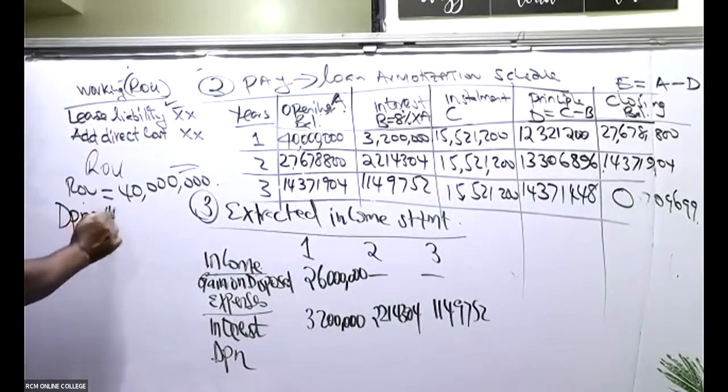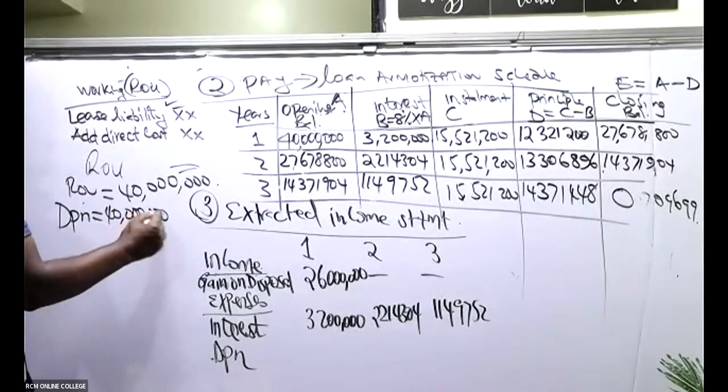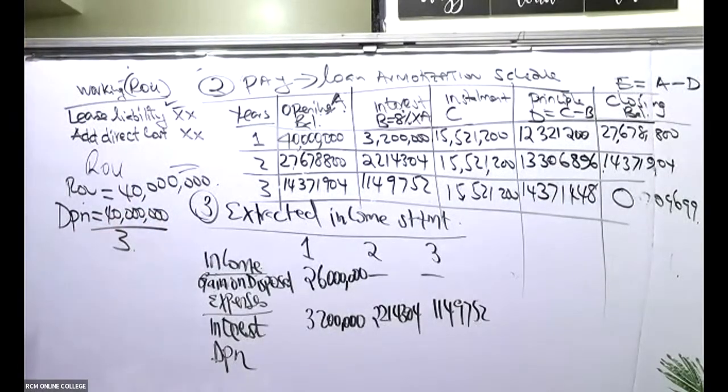So depreciation here will be 40 million divided by 3 years. Is there somebody who can give me this depreciation per annum?